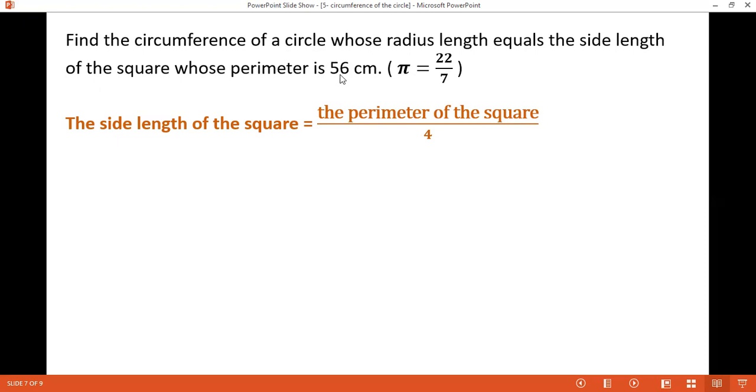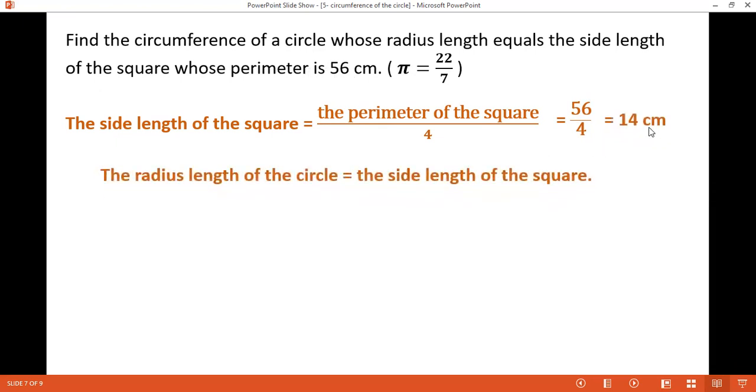And I have here the perimeter, so I'm going to divide the perimeter over 4. 56 over 4, so the number will be 14 centimeters. What is this 14 centimeters? The side length of the square. And they told me here that the radius length equals the side length of the square.